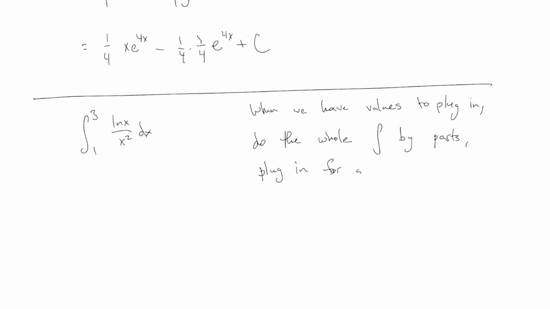Plug in for all the x's at the end. So I'm just going to ignore the 1 and the 3 for now, and hopefully I won't forget them at the end. At the very end, instead of putting plus c, I'm going to put that bar with the 1 and the 3 and then plug the numbers in.